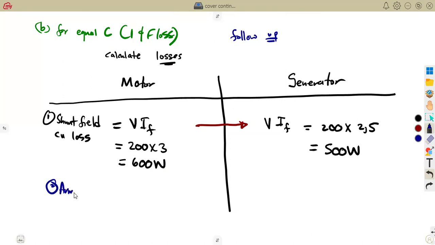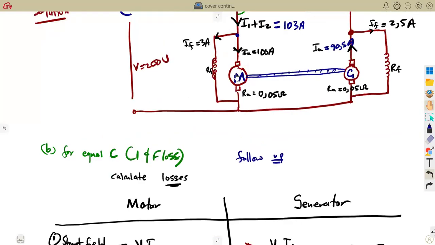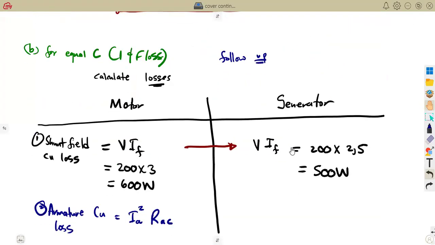For the armature copper loss, remember we are dealing with the armature, so we need the armature current and the resistance of the armature circuit. Looking into our circuit, there is nothing affecting that armature circuit. It's just the armature, so just take that resistance of the armature, guys, as it is. Do not worry about that. All right, so this is it, guys.